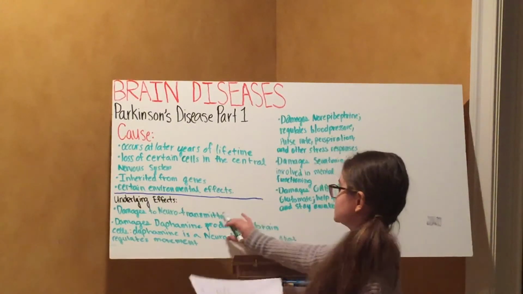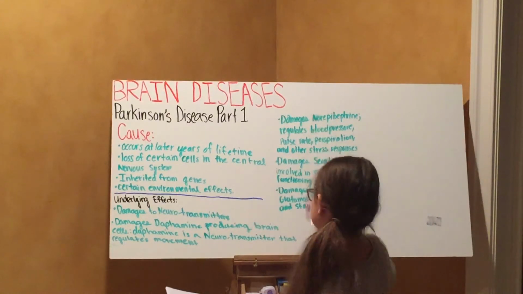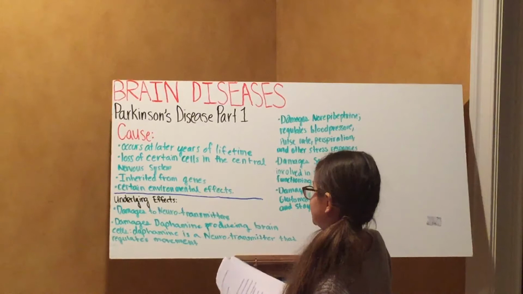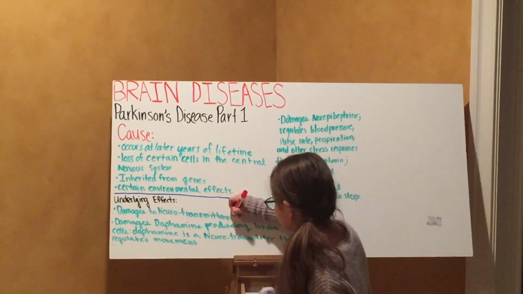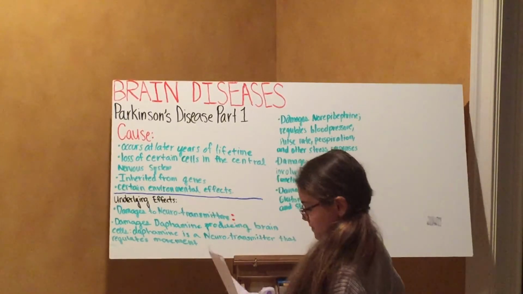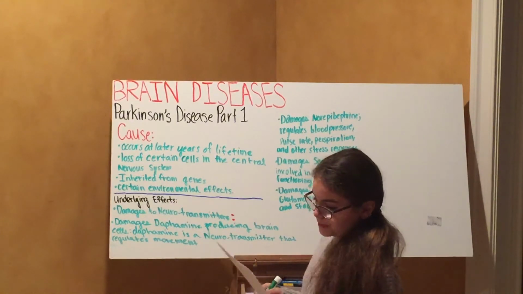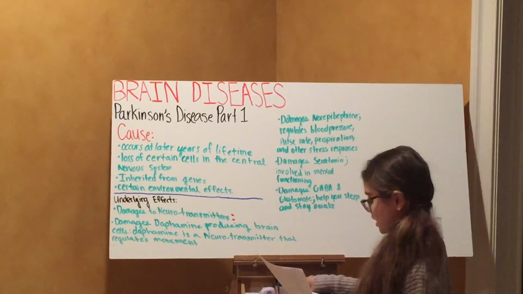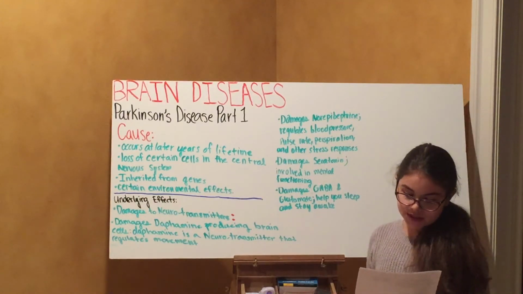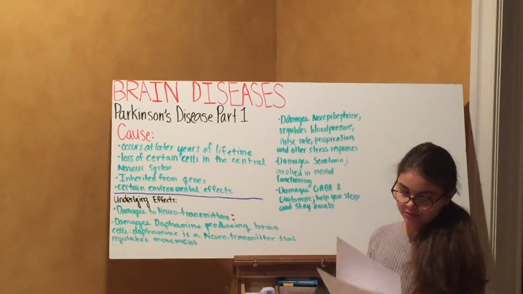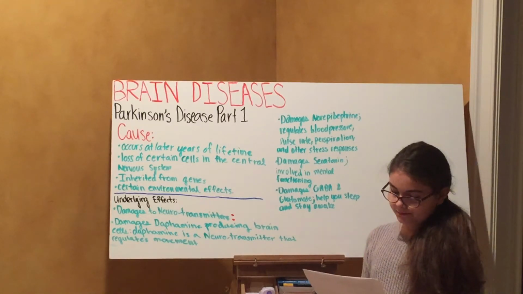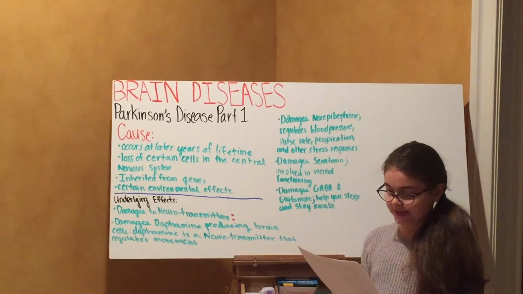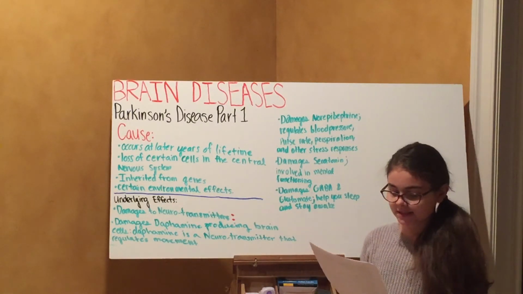Now, so those are all the damages to neurotransmitters that the disease itself does, which is known as the underlying effects. Now, another cause of it is that it is linked to gene mutations, such as chromosomes and genes and DNA, like genetic influences.